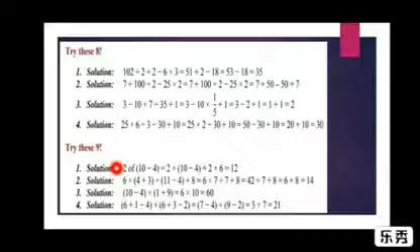Now let us try the second sum of try this 9. Have a look at the sum. 6 multiplied by 4 plus 3 divided by 11 minus 4. These two are in the bracket, and then you have a plus 8 outside. 4 and 3 is your 7 here, which makes it 7 multiplied by 6, the first number.